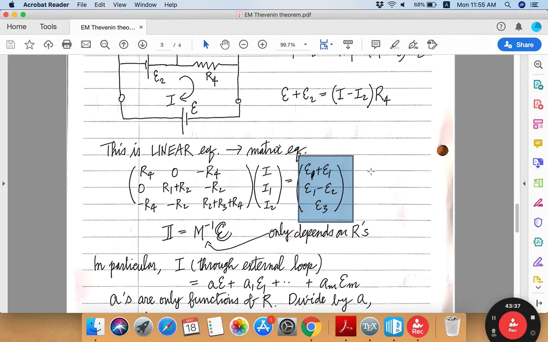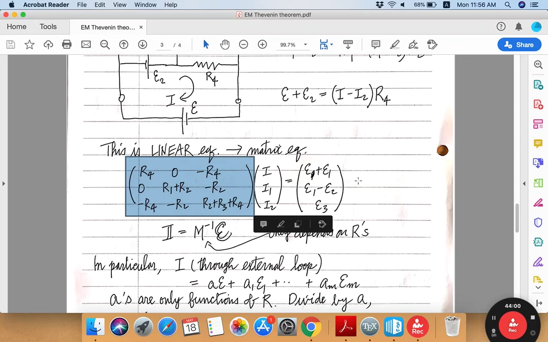Okay, so now what's remarkable about this matrix form is that there's a complete separation of all the variables corresponding to the current, all the variables corresponding to the EMF, and all the variables corresponding to the resistances.